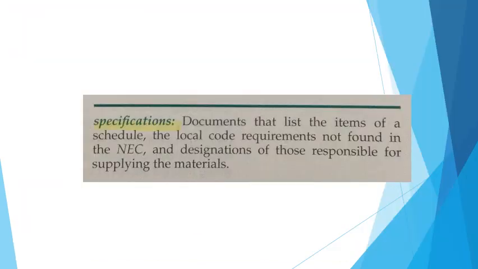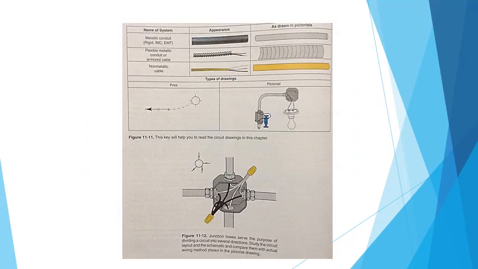Wiring circuits. We will now look at the actual wiring of circuits by comparing print and pictorial drawings. These types of drawings cover common circuits found in residential construction. Compare the circuit in each print with the pictorial.